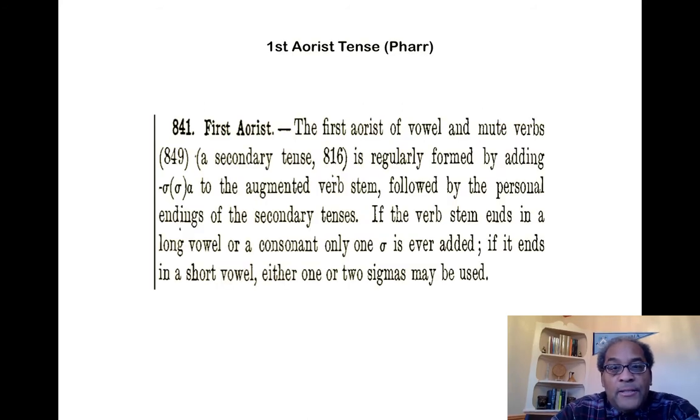As Pharr says, the first aorist of vowel and mute verbs is regularly formed by adding sigma alpha, sometimes that sigma is doubled, to the augmented verb stem, followed by the personal endings of the secondary tenses. If the verb stem ends in a long vowel or a consonant, only one sigma is ever added. If it ends in a short vowel, either one or two sigmas may be used.